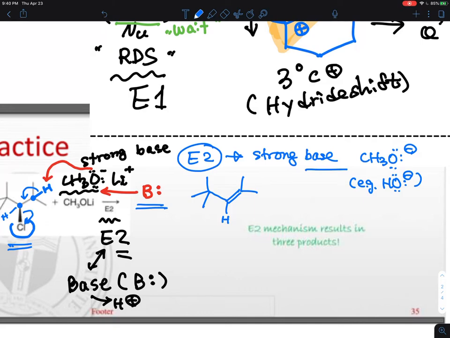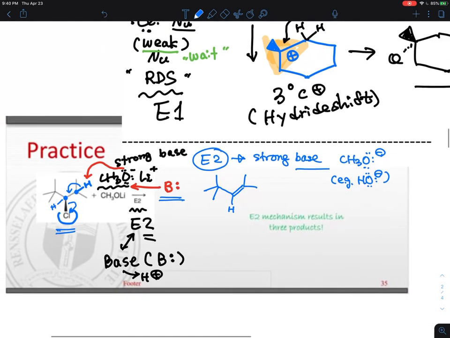They become zero charge, right? And then what I have is a chlorine minus leaving group, and you also have your base methoxide becoming an alcohol. And those are the, he said, three products, and I think that's what he meant by that. And then probably lithium chloride is a spectator ion, the same before and after.